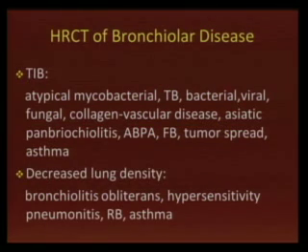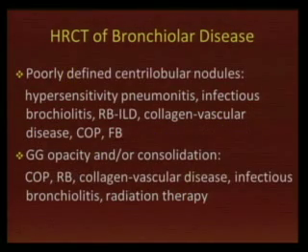And finally, as a conclusion, if we have a bronchial disease and we are talking about the findings in the high-resolution CT, we have 4 different findings: tree-in-bud pattern, decreased lung density or hyperlucency, centrilobular nodules, or ground glass opacities.